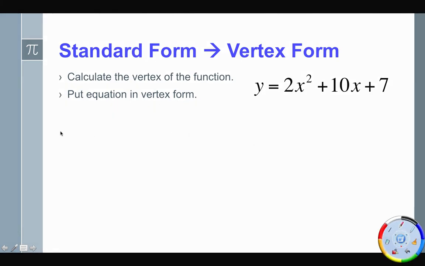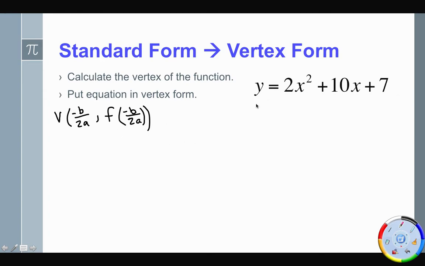We need to find the vertex first. So we remember that the vertex is the opposite of b over 2a, comma, f of the opposite of b over 2a. So whatever the y value is when x is this. Okay, so let's do that.